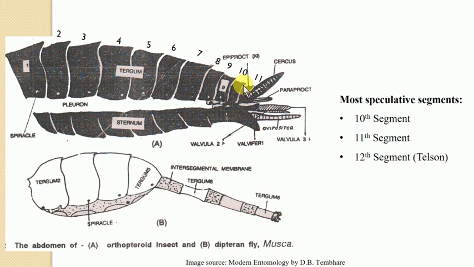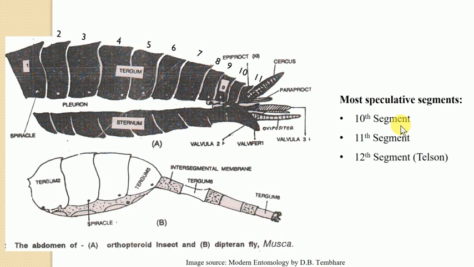So in holometabola, sometimes the 10th abdominal segment is considered as the last abdominal segment. So this is about the 10th segment. What we have learned here is that the 10th segment is the generality among all insects except a few groups, that is Protura, Collembola, some Cyclorrhapha and the Anoplura.